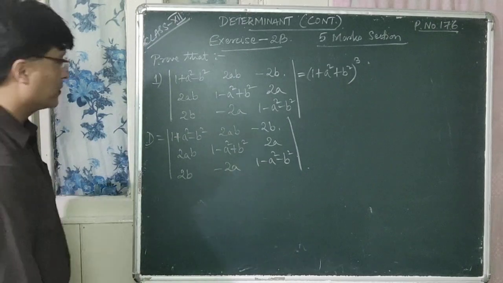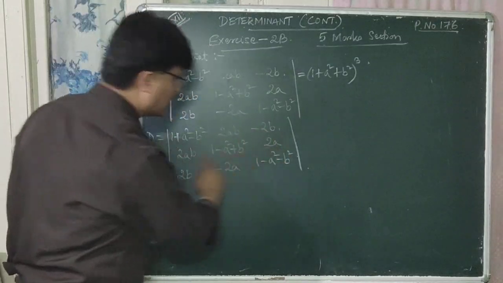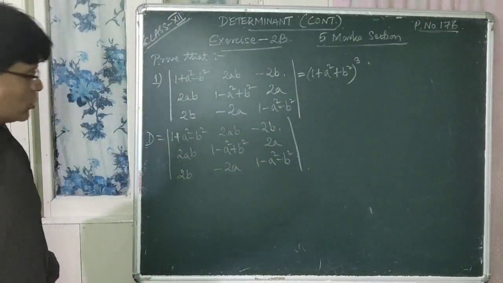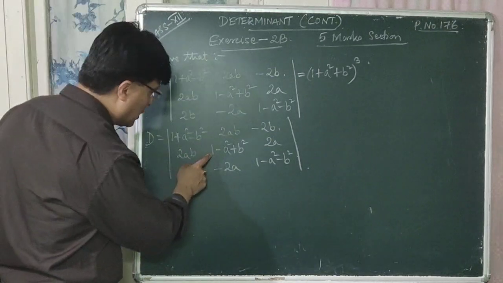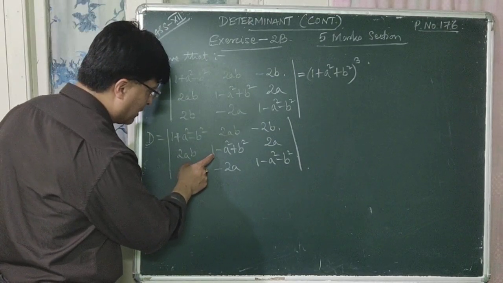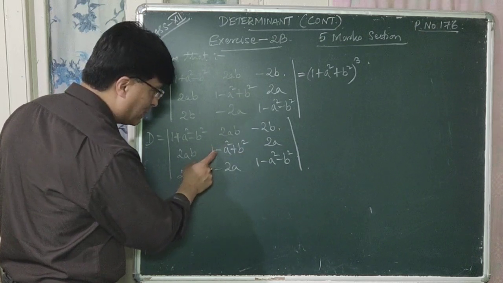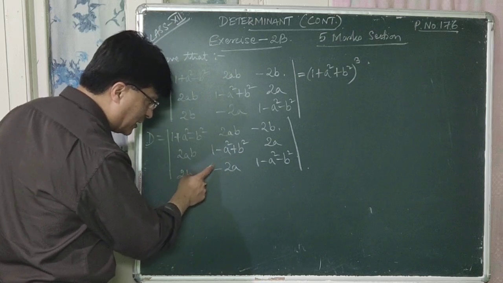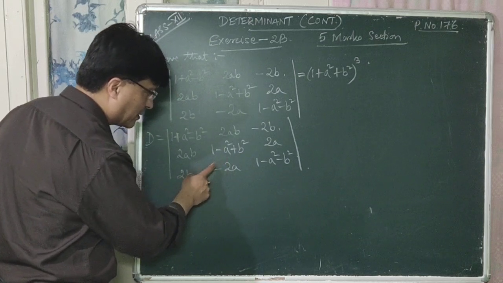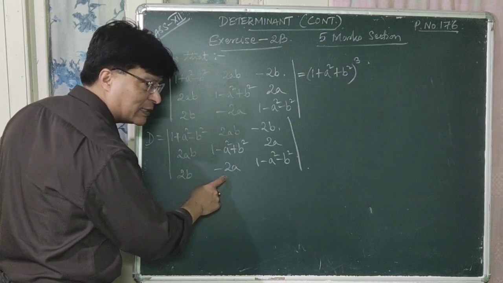Now here in this case also one of the terms will be 1 plus a square plus b square, right? So let us see this one. This is your 1 minus a square plus b square. So if you multiply it by minus a, what do we get?